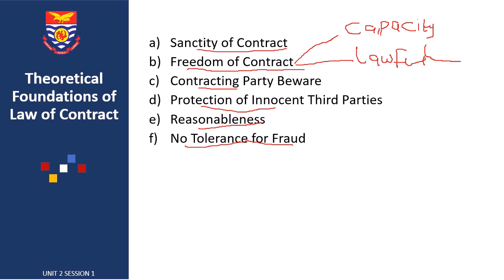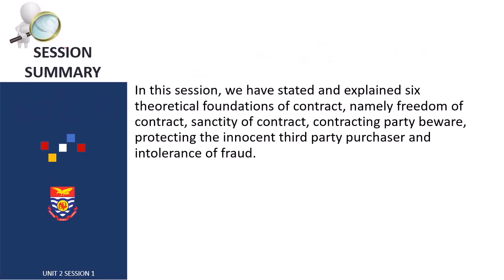Fraud omnia vitiat, meaning that fraud destroys the legality of the contract. So a contract that is tainted with fraud is void. Therefore, the court will not come to the aid of a person who has induced another person to enter into a contract with fraud.